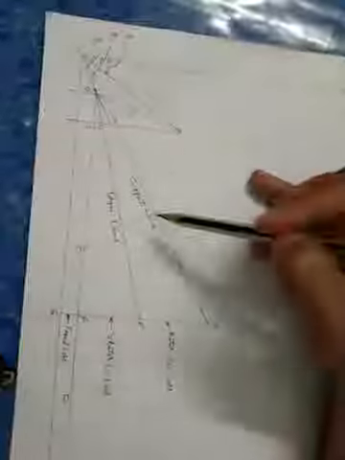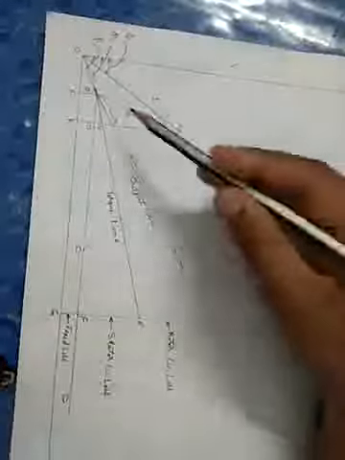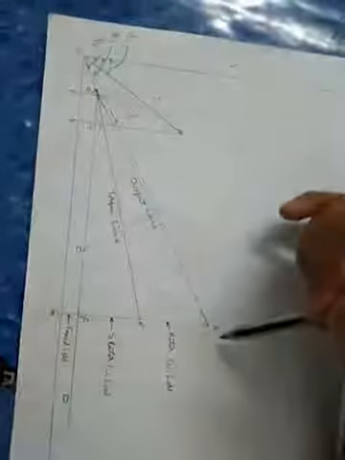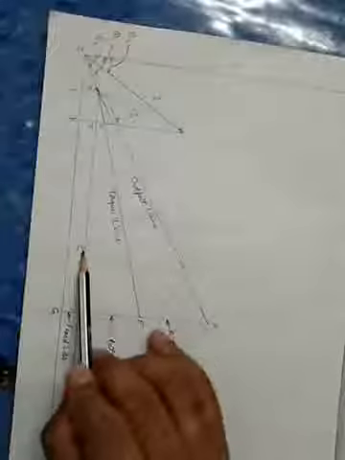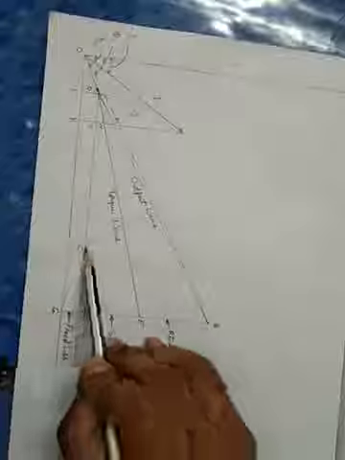Now we bisect this O dash A and find the point C. This C is the center of the circle.